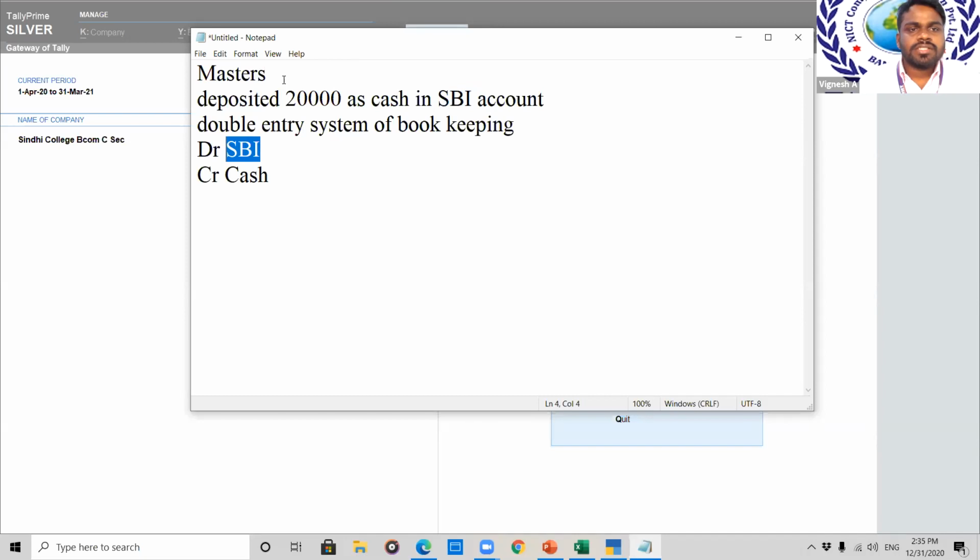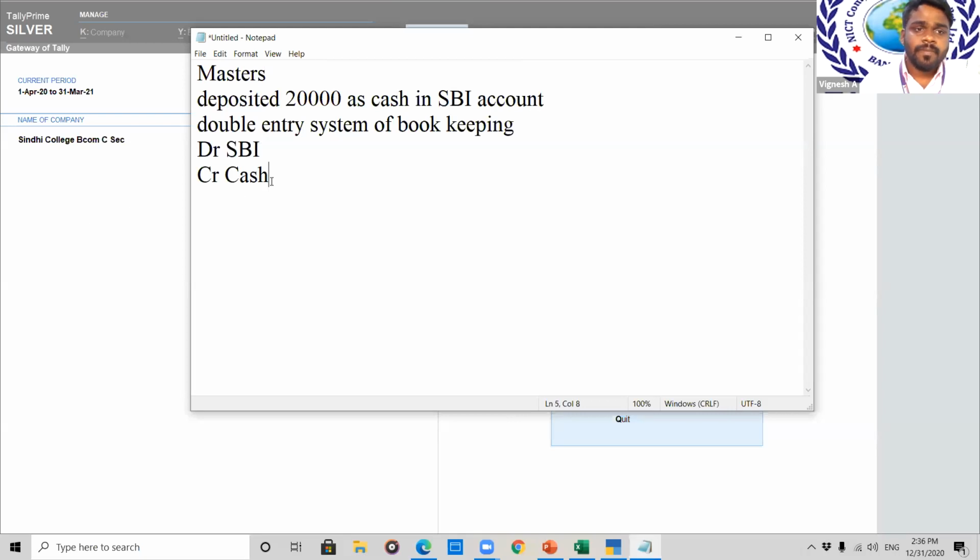So to do this, as we are talking about masters, in your Tally also we need to create this. Please, if you don't have knowledge of journal entries, please go through the books and come back for the accounts. Accounting is very important. As BCom students, you will know the aspects of accounting.